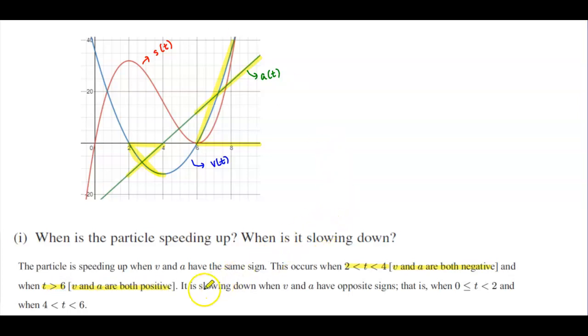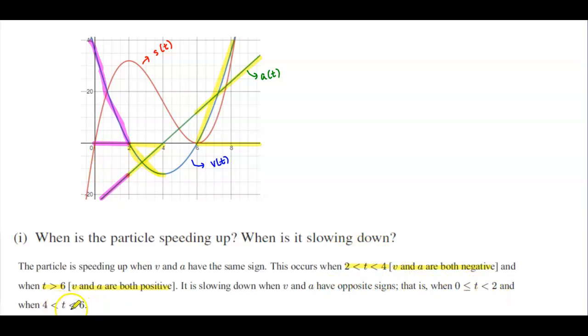Okay, now we want to find out when it is slowing down. Well, it slows down when the velocity and acceleration have opposite signs. So if you take a look at this interval here, we can see that the velocity function is positive, where the acceleration is negative. So therefore, it is slowing down between 0 and 2.